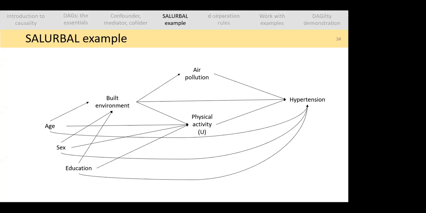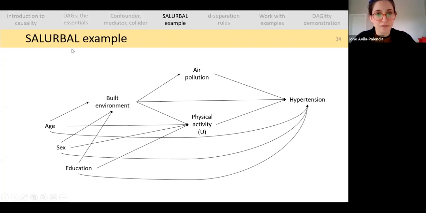Sorry, Yoni, my connection got lost just when you started to answer. So again, you were asking about sex and education. I will start with education again. Education is generally a proxy of socioeconomic status, and depending on your socioeconomic status, you will be more able to decide in which neighborhood you live. That neighborhood can have certain built environment characteristics.